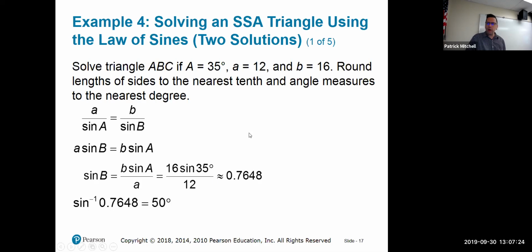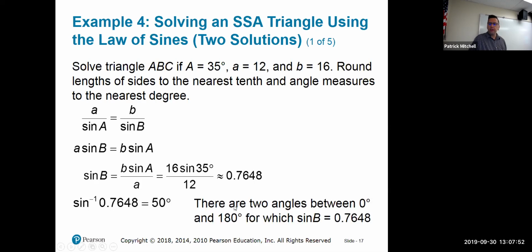Now, what makes this so interesting is that we have to allow for the possibility that angle B is 50 degrees, or there is another angle whose sine is also 0.7648, and that would be the corresponding angle in quadrant 2.